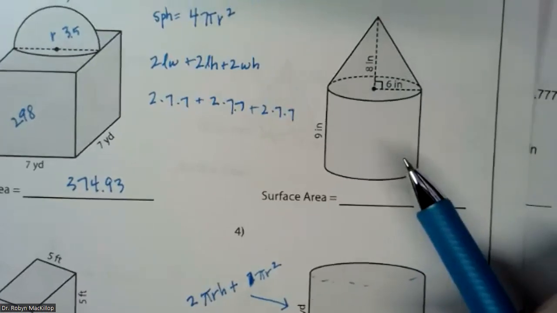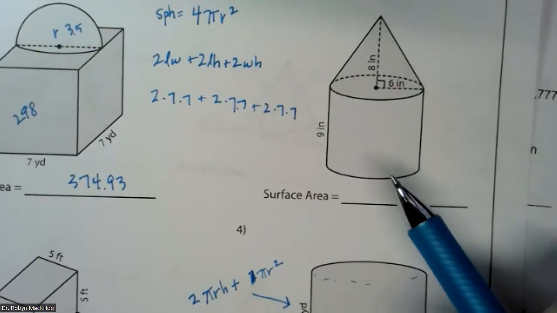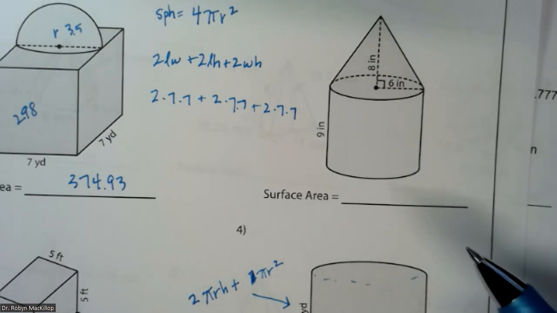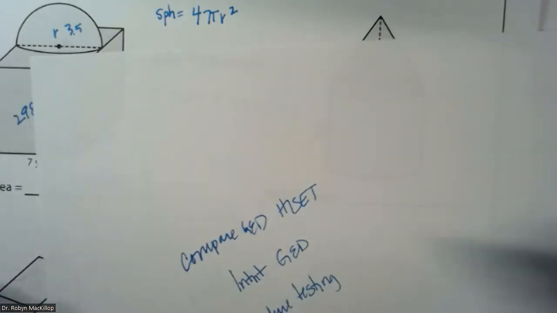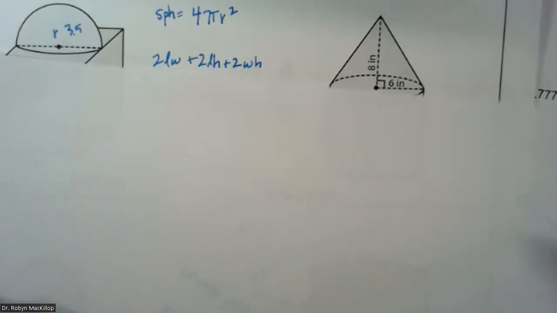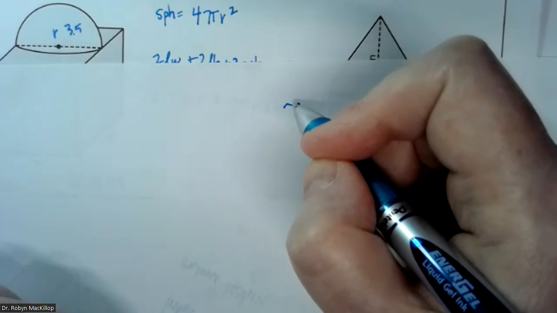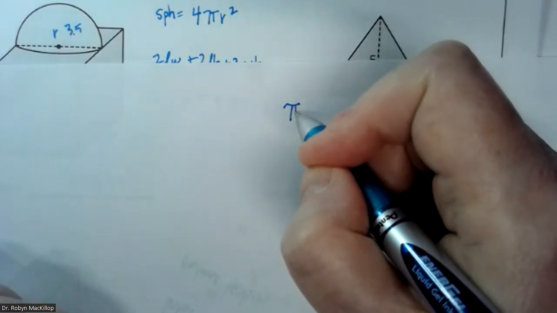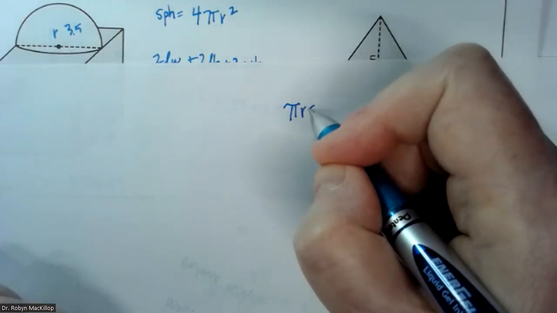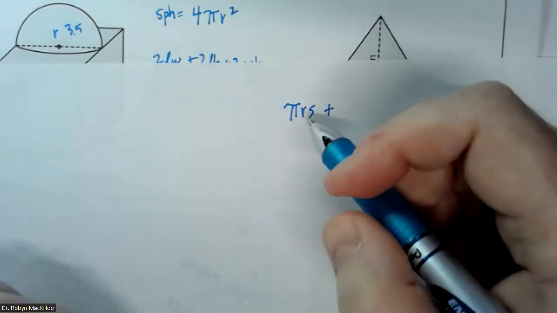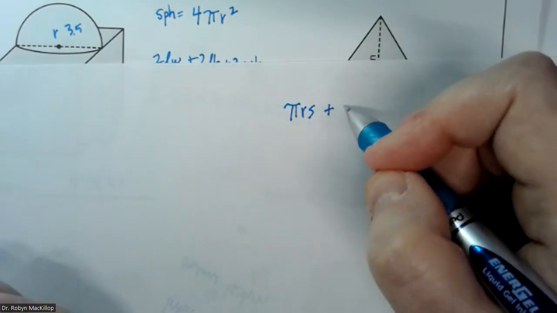I'm going to do this one because it can be complicated. Let's do the cone first. Let me grab another piece of paper. So the cone is pi times radius times side plus, and this is when it has a base, pi r squared.